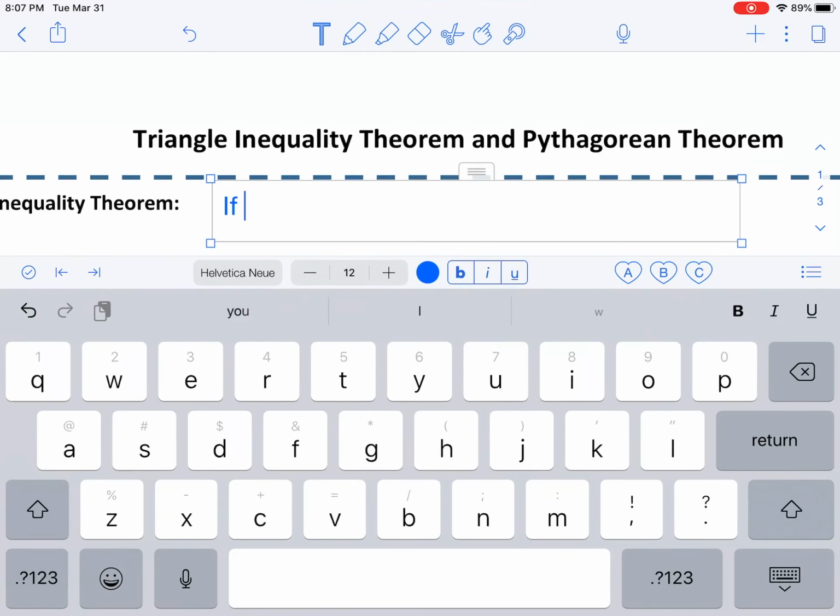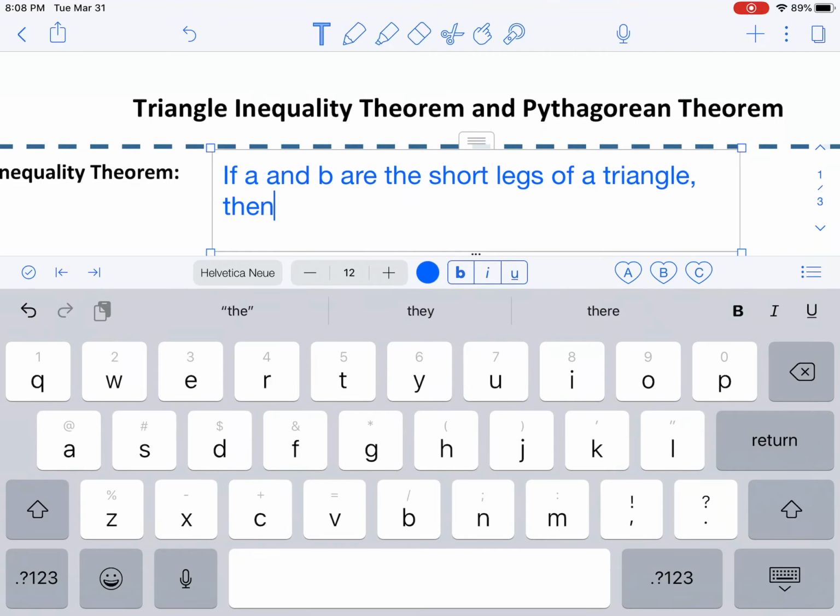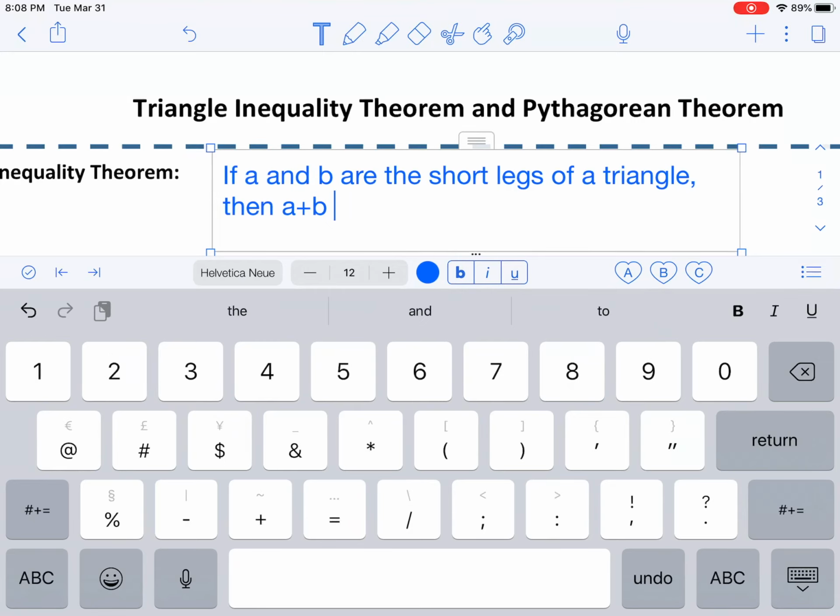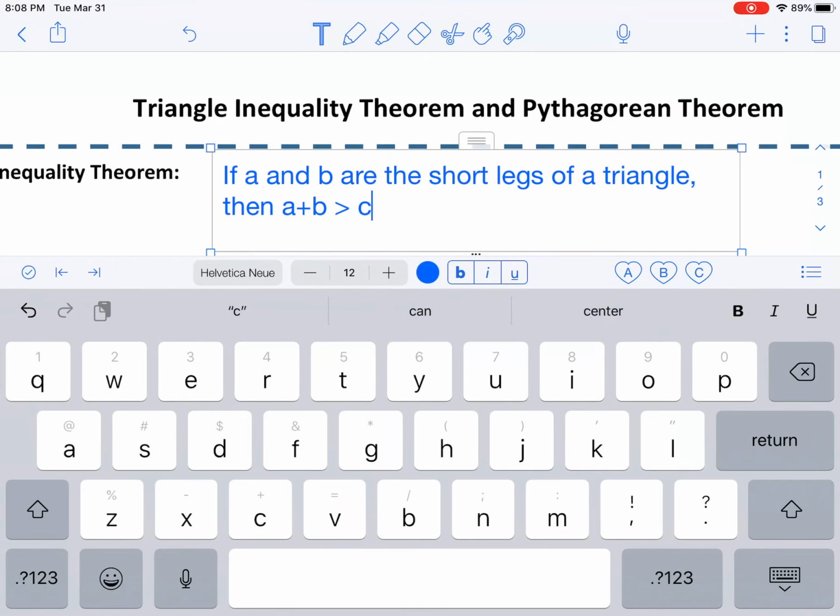So we're going to say that if A and B are the short legs of a triangle, then A plus B has to be greater than C for A, B, and C to be legs of a triangle.